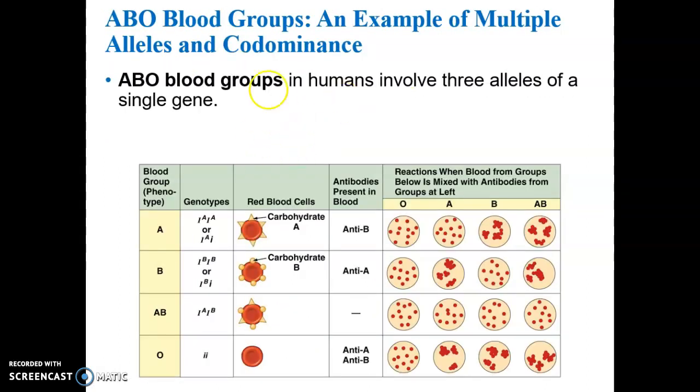All right. So, other types of inheritance. Multiple alleles that lead to what's called codominance. So not only one allele, but more than one allele gets expressed in codominance. A classic example is the human blood types, our ABO blood groups. There are actually 3 alleles in the human population: the A allele, the B allele, and the O allele.